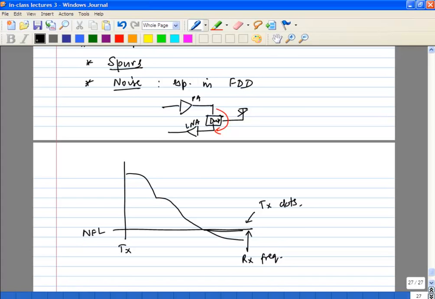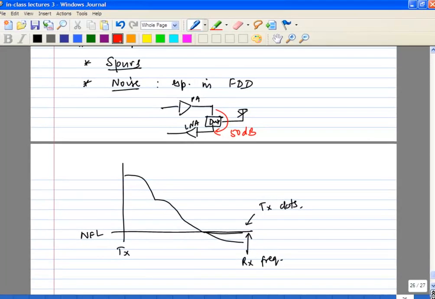Pretty straightforward. The rejection will typically be maybe 50 dB or something like that. You need to define the amount of power rejection and the frequency at which it happens, and that is usually defined by the standard. If you are transmitting at a particular frequency, you are usually receiving at a particular frequency. So this can be 50 dB, for example.